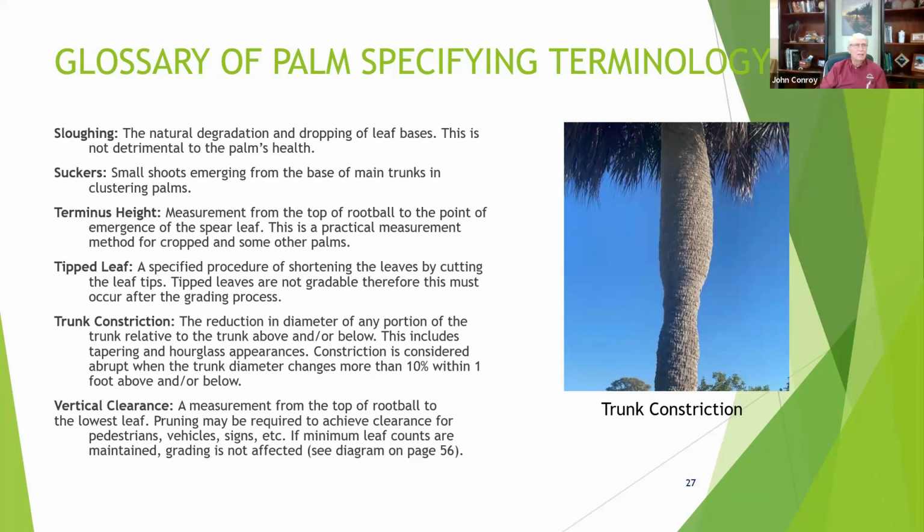Not a bad idea when you're dealing with some of those trees that can benefit from the reduction in transpiration, or the difficulties associated with the tree that might have some stress on the bud because the leaves are remaining long. Trunk constriction, this is also something that you've got to address in your specifications because it is not necessarily a problem for the health of the tree.